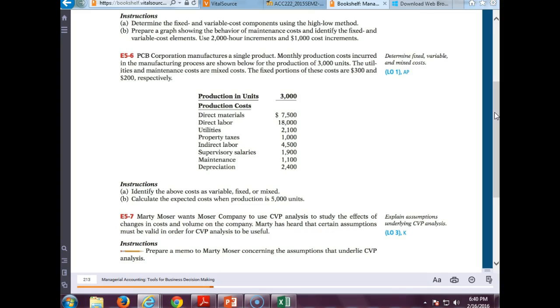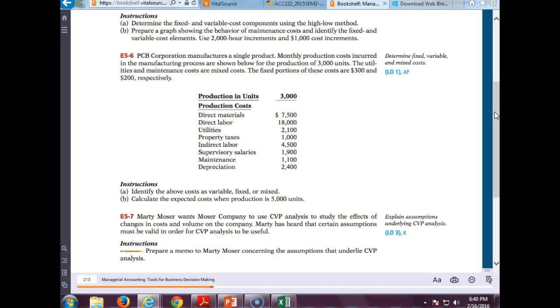So we see here production in units of 3,000. Our production costs are direct materials, direct labor, utilities, property taxes, indirect labor, supervisory salaries, maintenance, and depreciation. Now they're telling us that the utilities and maintenance costs are mixed. We know that, okay?